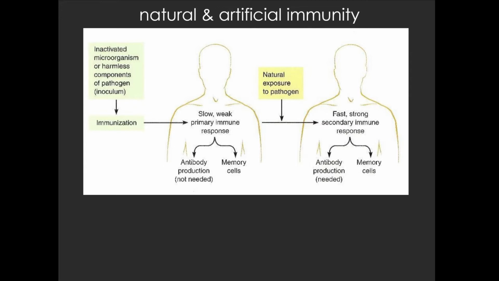So immunizations, which are the catch-all term for all inoculations of harmless microorganisms or components of pathogen, which we oftentimes hear called vaccinations, are the first of these practical applications of immunology.